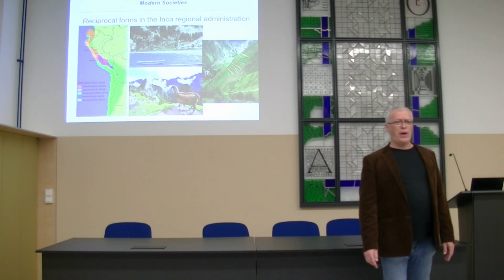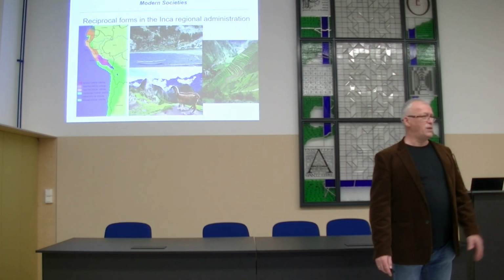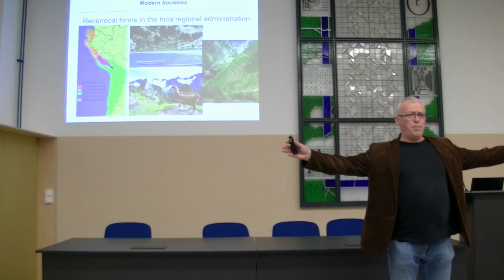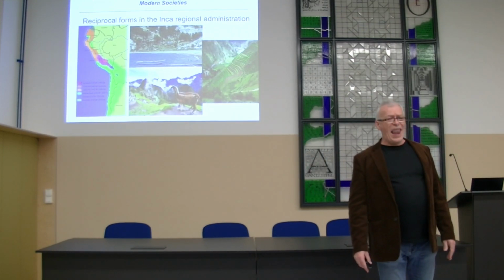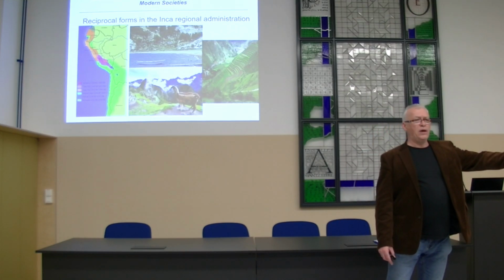Has somebody visited Peru, in South America? A little bit. Okay. Anyway, if you imagine this landscape, there are three types of landscape area. The coastal part with tropical climate.